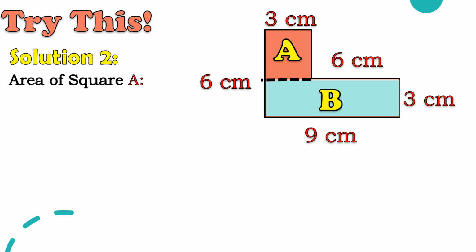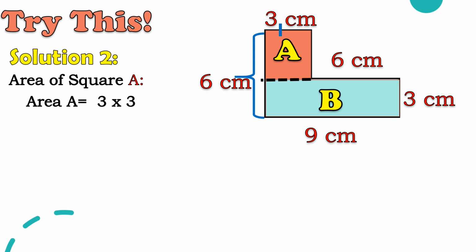Area of rectangle A is equal to 3 times 3. Now, saan nanggaling ang isang 3? Now, bakit 3 times 3? So, yung isang 3 ay given na siya dito. So, bakit naman itong isang 3? Saan nanggaling? Now, since kanina ang haba ng figure or rectangle A ay 6 ang nakalagay.